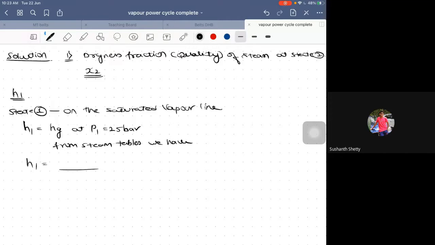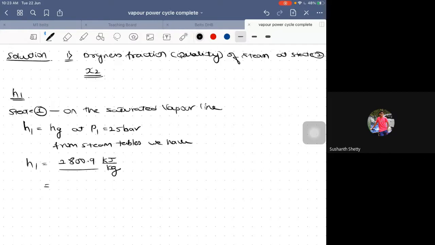Okay. So please tell me the value of h1, look into the steam table and give me the value of h1. Sir, 2800.9. 2800.9 kilojoules per kg it is.